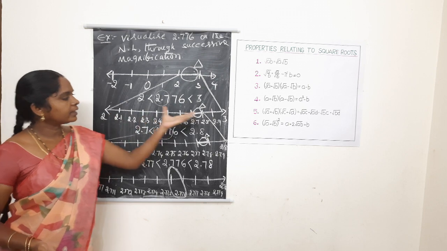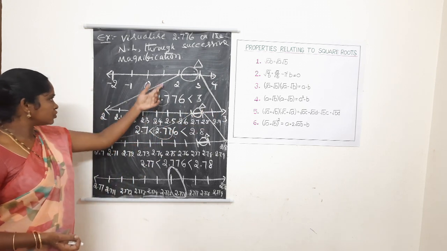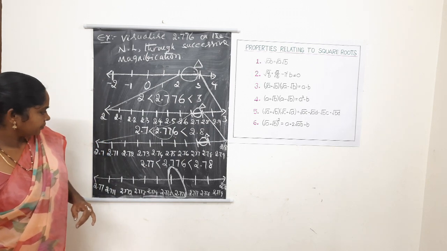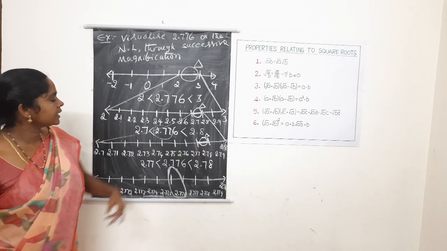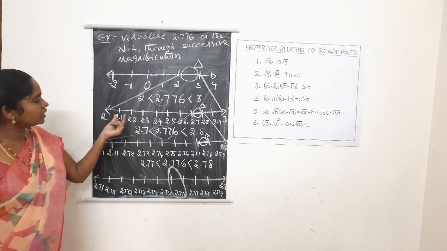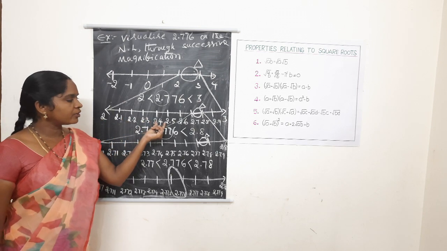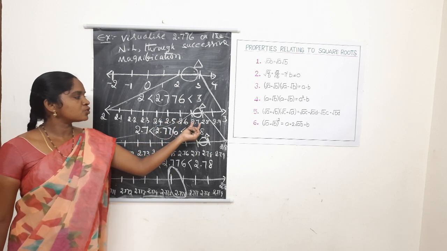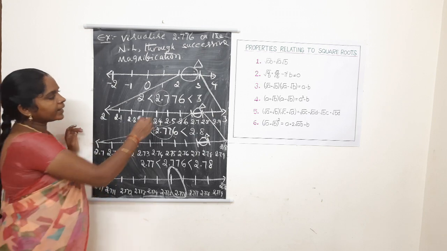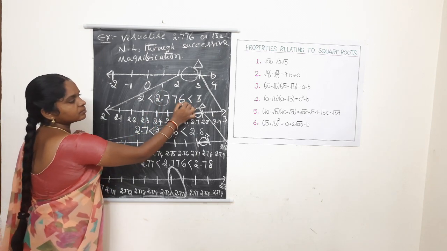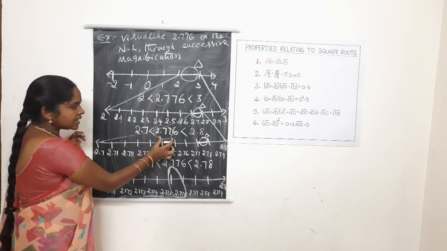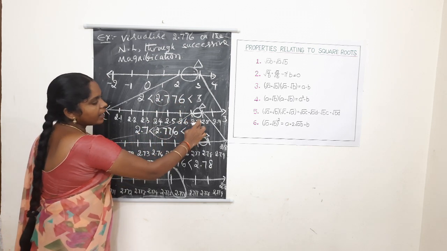So take another number line. This is 2, this is 3. First point will be 2.1, 2.2, 2.3, 2.4, 2.5, 2.6, 2.7, 2.8, 2.9, 3. After 2.7 there is something, so this number lies between 2.7 and 2.8.